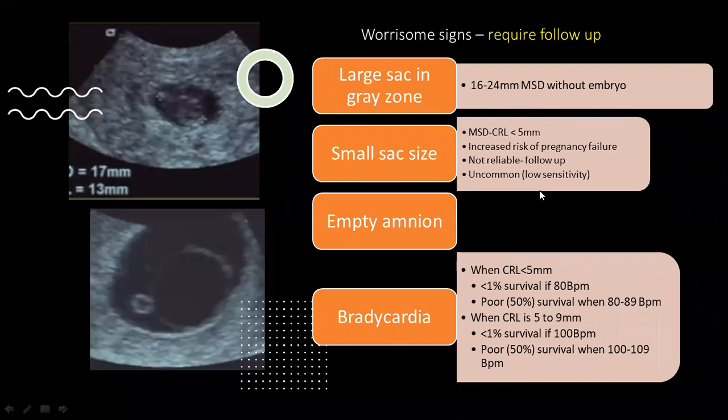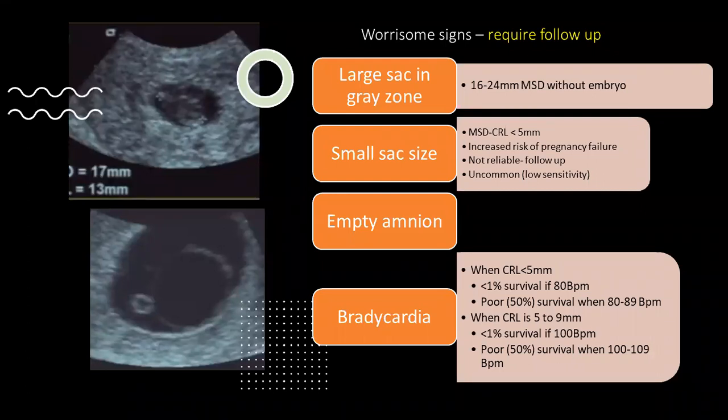Another worrisome feature that you might see is what is called early first trimester oligohydramnios, where when we subtract our CRL from our mean sac diameter, we get a value which is less than 5 millimeters.